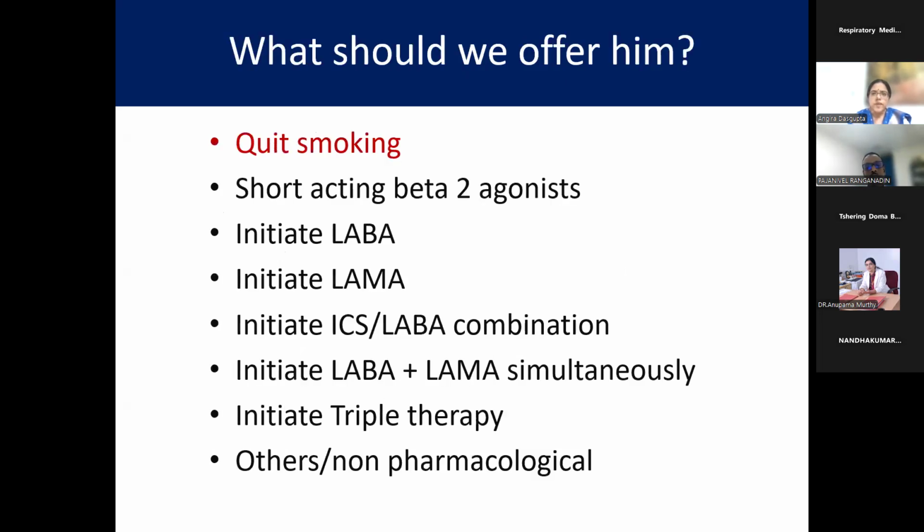So what do we offer him at this present moment? I've marked in red: quit smoking. If this was another talk, I would have said that the first three things the patient needs to do are quit smoking, quit smoking, and quit smoking. But since this is a phenotype talk, I would say quit smoking as the first choice, and then all of these inhalers, all of these pharmacological agents, have been used in these patients.